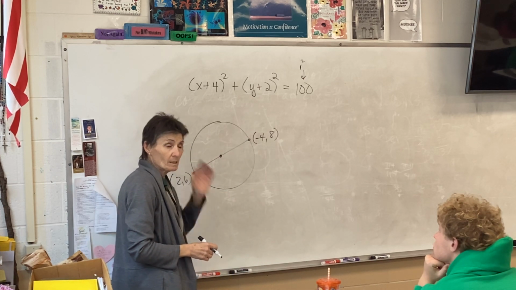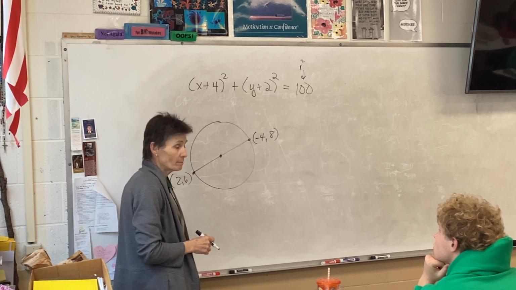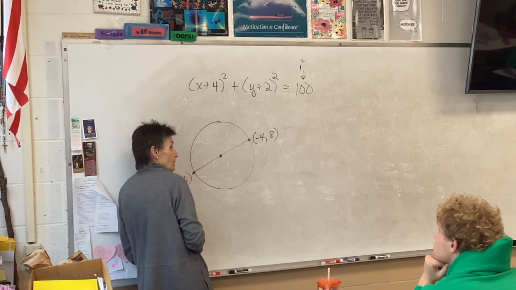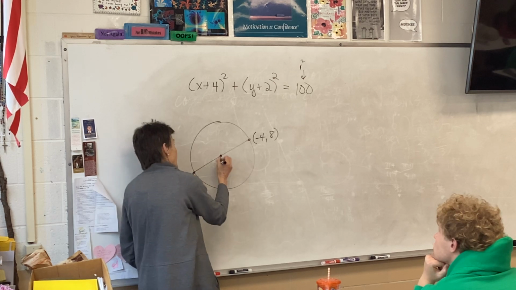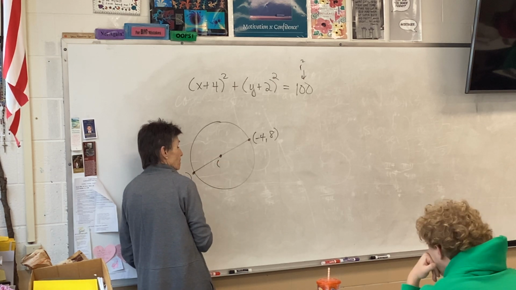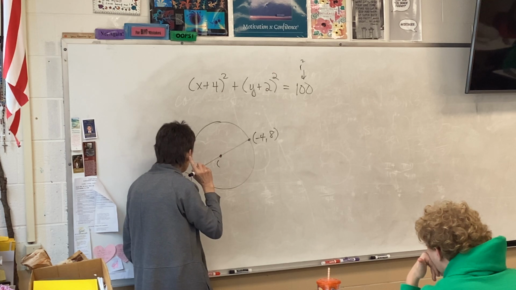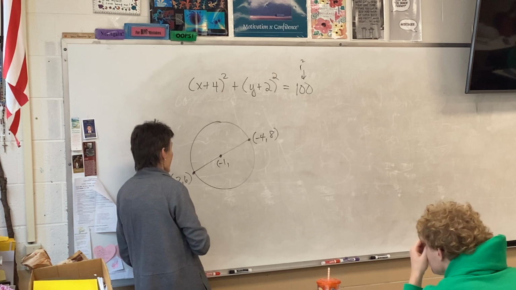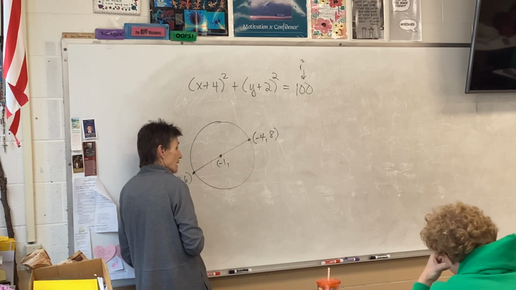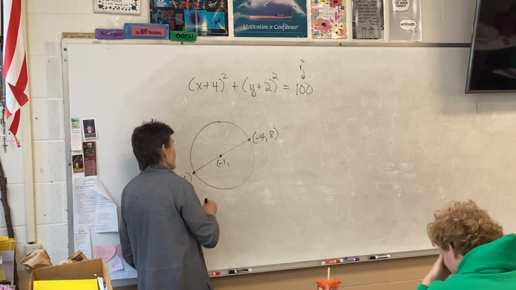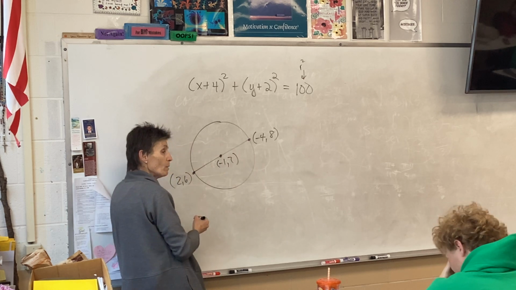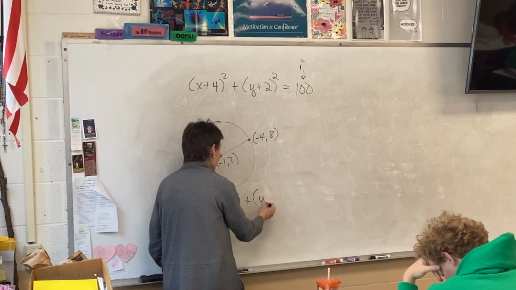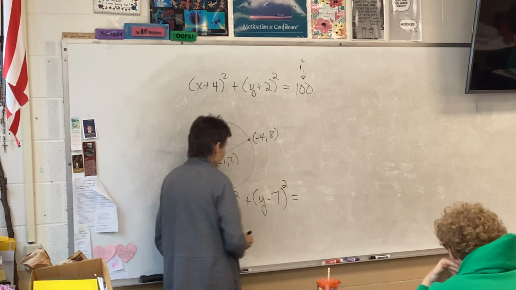Find the midpoint, and the midpoint is the average, right? So 2 and negative 4, add them, divide by 2, what do you get? No, you don't get 1. Negative 1, yep. And 6 and 8, add them, divided by 2, what do you get? 7. So now we know that our equation at least starts like this.